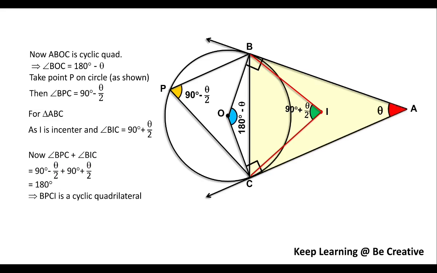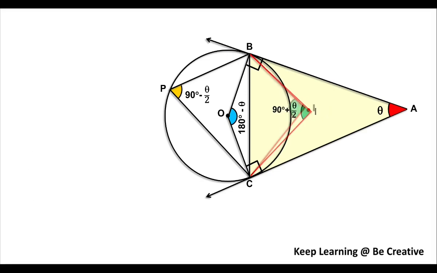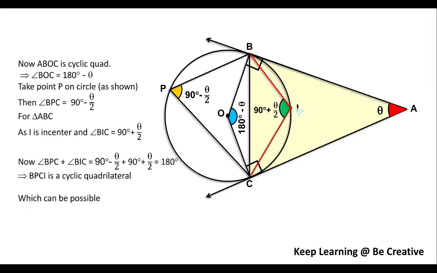Now, we know that there can be only one circle passing through three non-collinear points. Here the points are B, P and C. From these 3 points there can be only one circle, and it is this circle which is drawn here. So this point I should lie on this circle only.